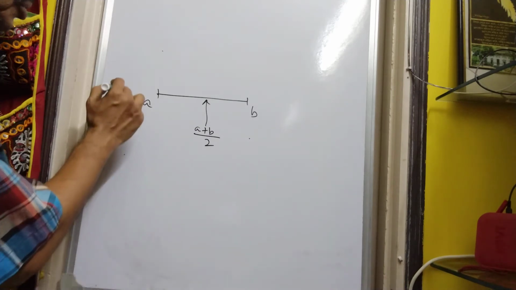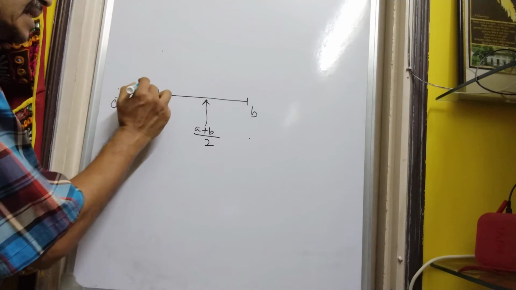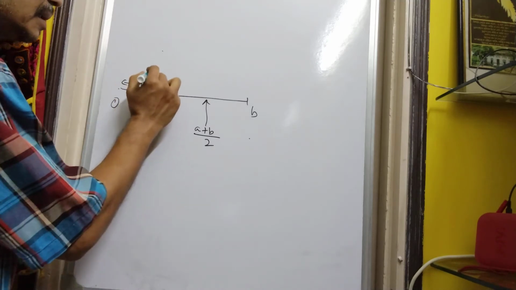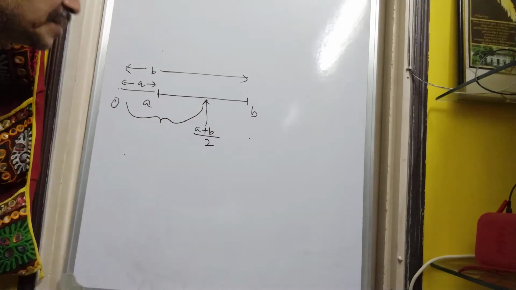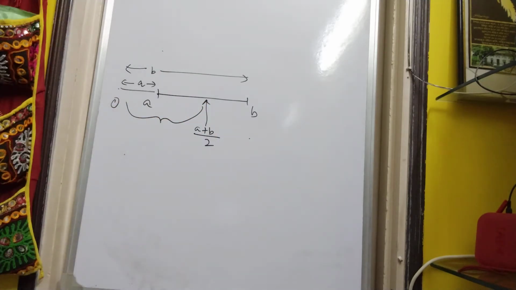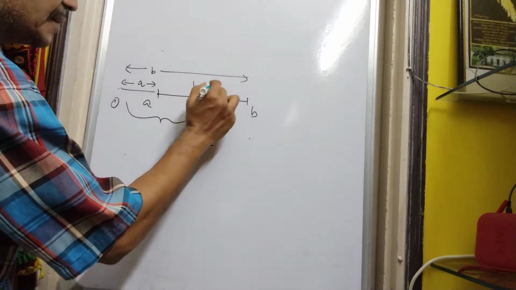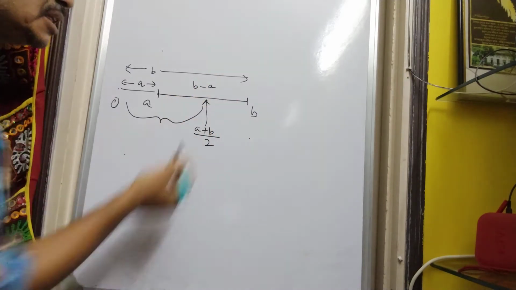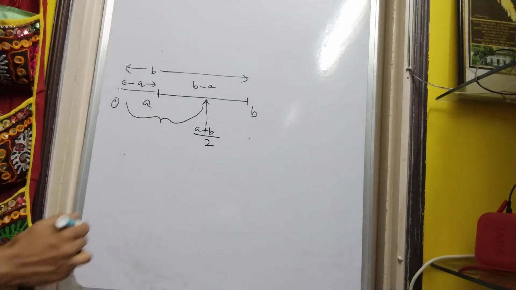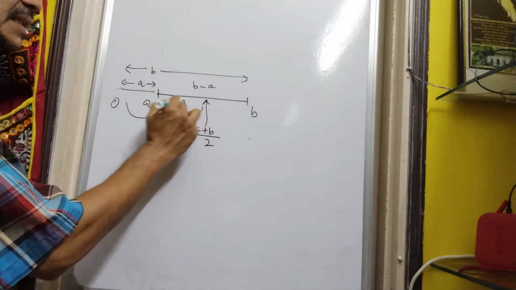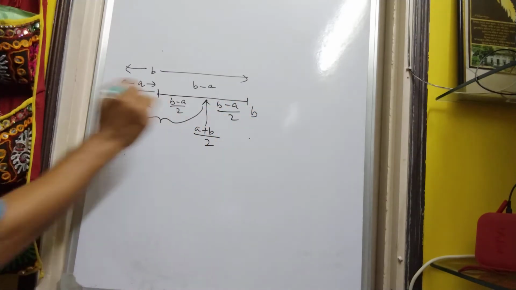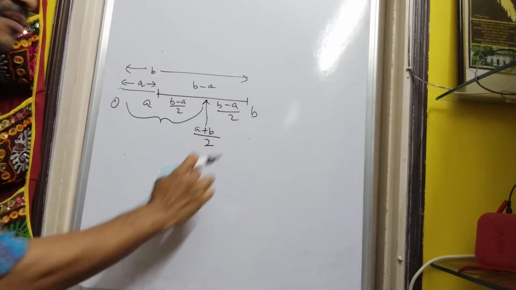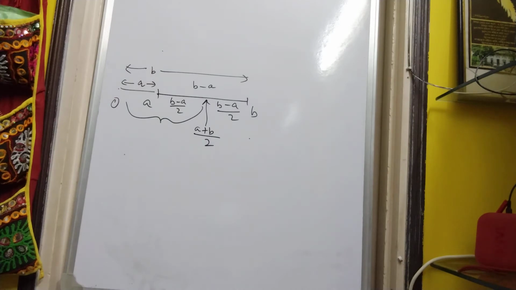Since this is the origin, this measures a, this measures b, and obviously this measures a plus b by 2. So the length of this interval is b minus a, and it is divided into two subparts, each having length b minus a by 2. We can easily find that a plus b by 2 minus a is b minus a by 2, and b minus a plus b by 2 is also b minus a by 2.